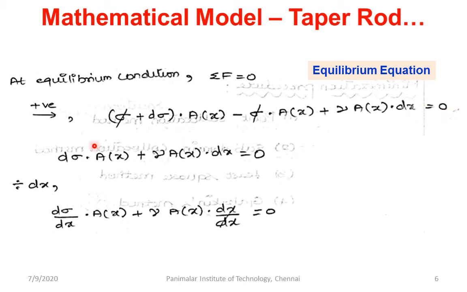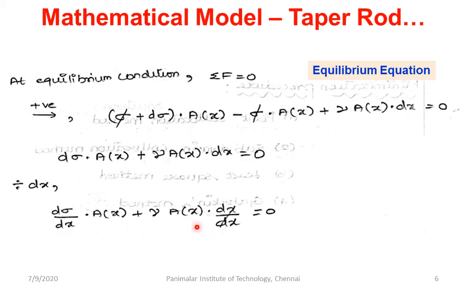Now we simplify this. We can cancel the sigma into A of x with sigma into A of x, and the remaining terms will be d sigma A of x and gamma A of x dx. Now divide this equation throughout by dx, then we will get d sigma by dx multiplied by A of x, plus gamma A of x, where dx gets cancelled.